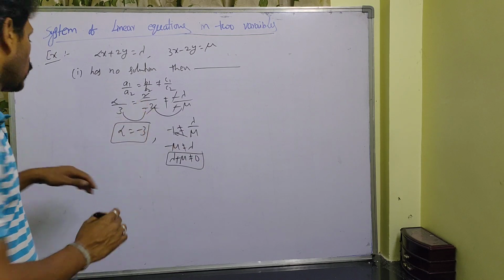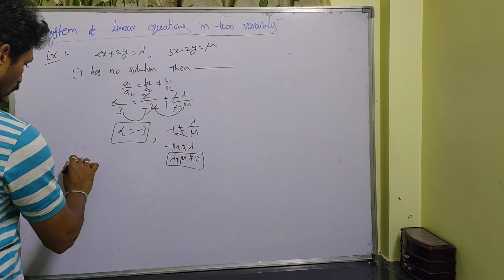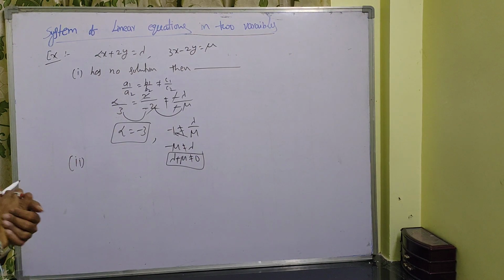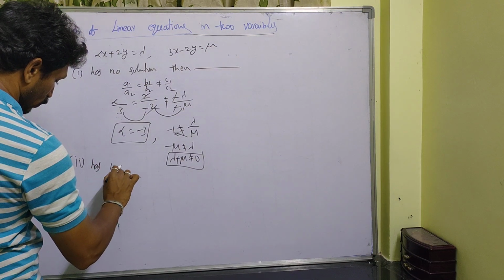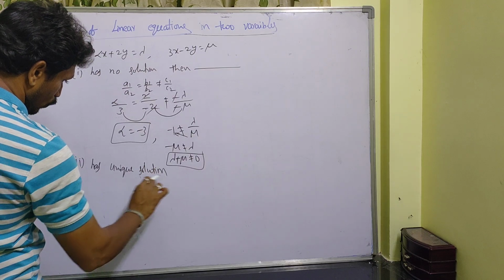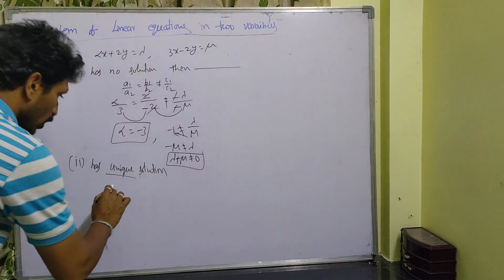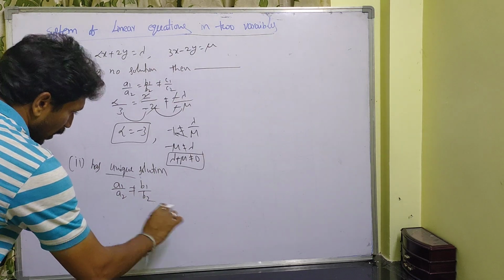Okay, so next in this one only, it is asking: equation has unique solution. Unique solution means what here? A1 by A2 not equal to B1 by B2.